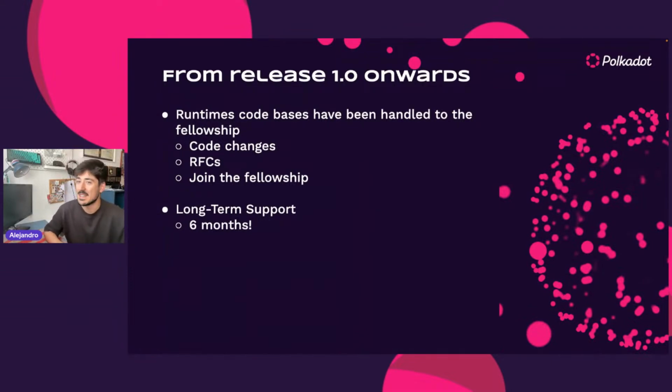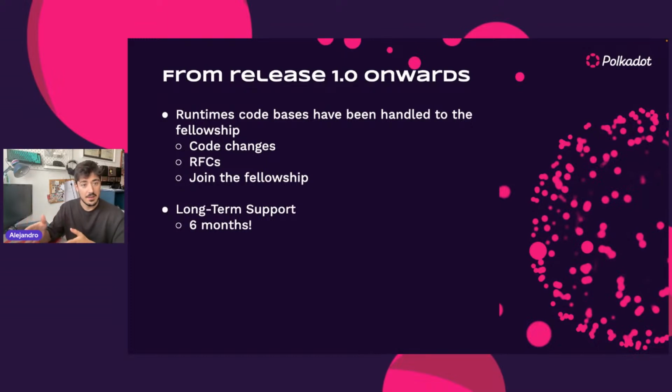Yeah, so just as a final mention, before finishing this deep dive, I wanted to touch base on 1.0. It has been a very crucial release, not only a release but a point in time where different things have happened. The runtime code base has been moved to the fellowship.